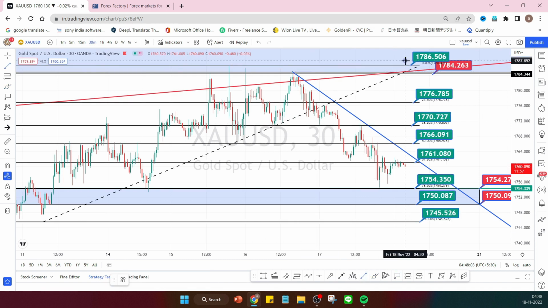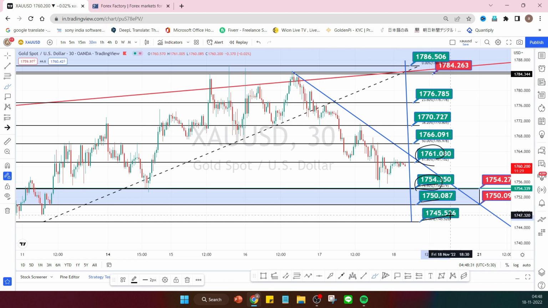So the values within this green color boxes are the resistance and support levels for current price action in 30 minutes time frame. Currently the price action is trading between the resistance level of 1761 and support level of 1754. And if the price action breaks this support level of 1754, next level of support is going to be around 1750 and 1745.